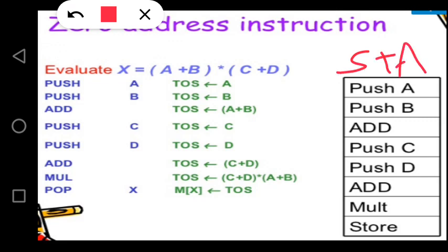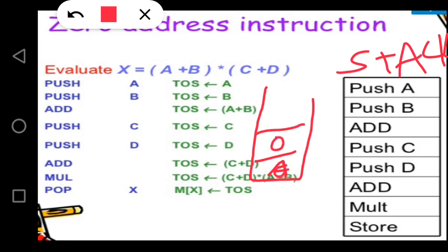What does stack mean? The property of a stack is that it is like any box. If this is my box, and I am storing ball 1, ball 2, ball 3, then which one can I pop first, take it out? The one which I recently inserted. So last in, first out.